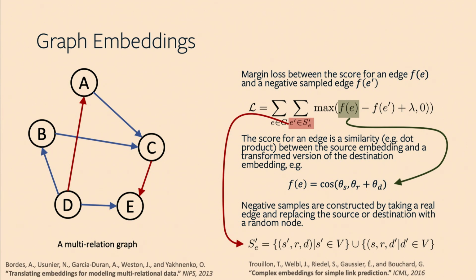And the way you construct these negative samples is by taking a real edge in the graph and replacing either the source or the destination entity with some other node. So for this edge BC, which is in your data set, you're going to construct negative samples like BE and BA, as well as negative samples such as AC and DC.